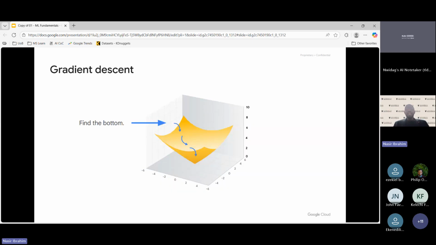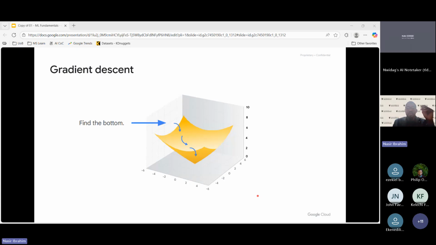In order to determine how to change the weight, there's a concept called gradient descent, which is basically the process of trying to find the minimum cost function, or the point at which the cost function is minimum.